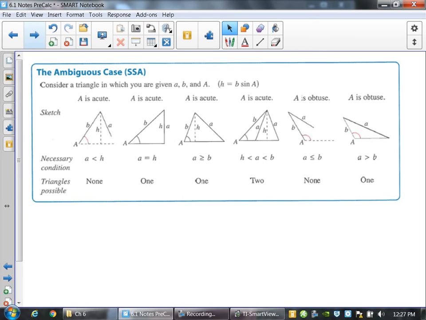When you have the possibility in law of sines, sometimes you run across what's called the ambiguous case. The ambiguous case of law of sines deals with when you have two sides and an angle. Two consecutive sides and then an angle. What happens is that depending upon the angle, when you do law of sines, sometimes it will work, sometimes it won't work, and sometimes when it works, you can have two triangles.